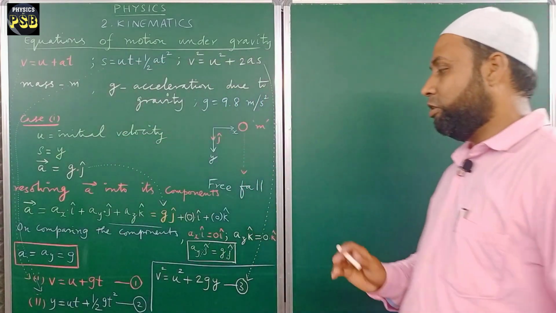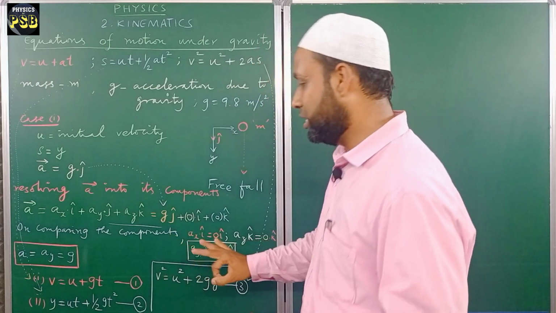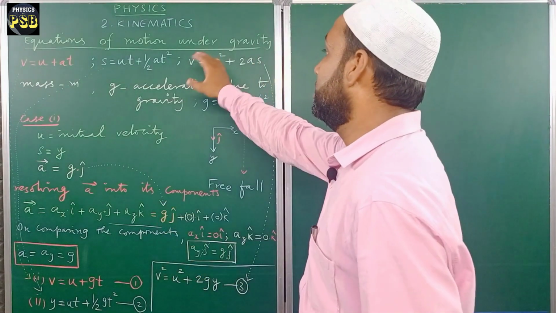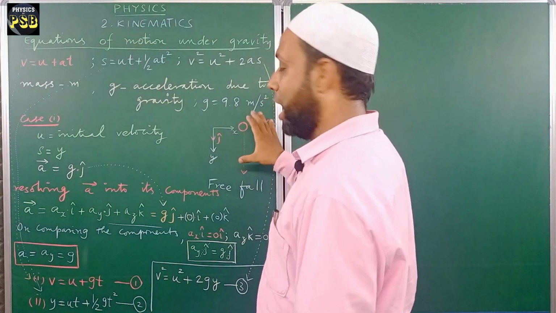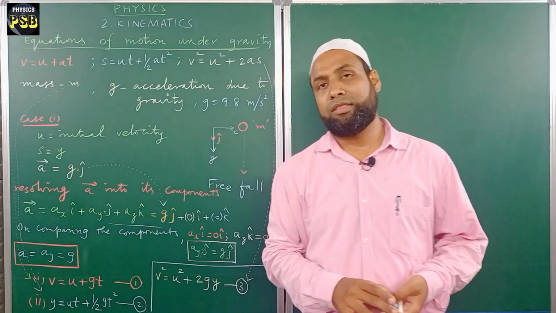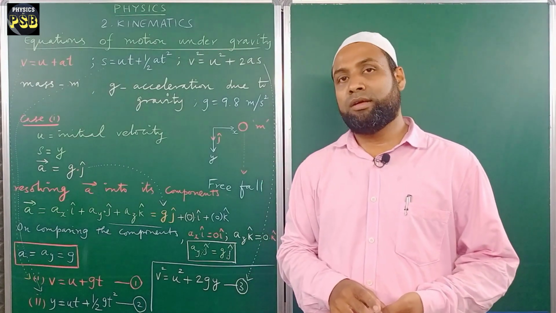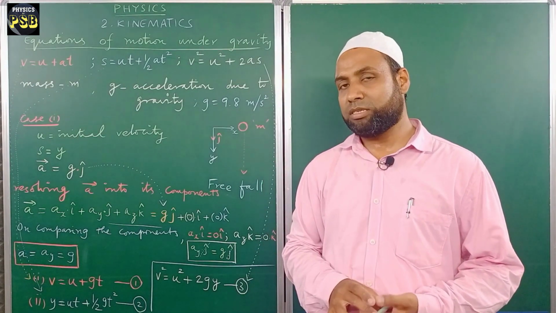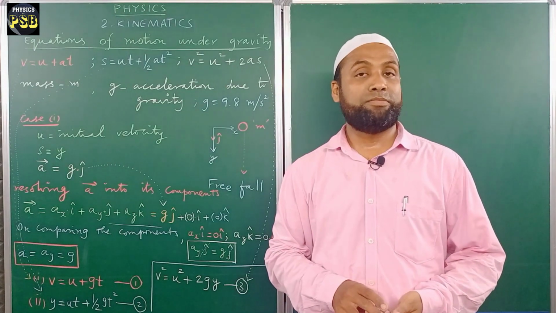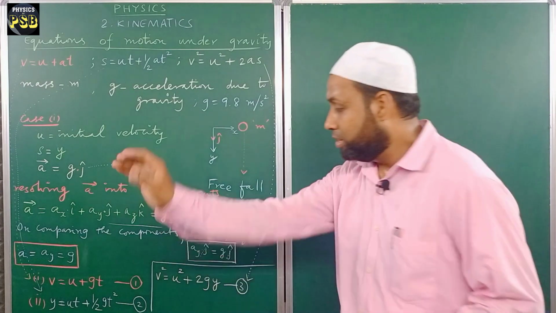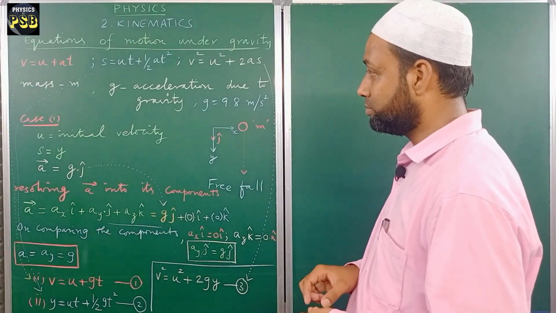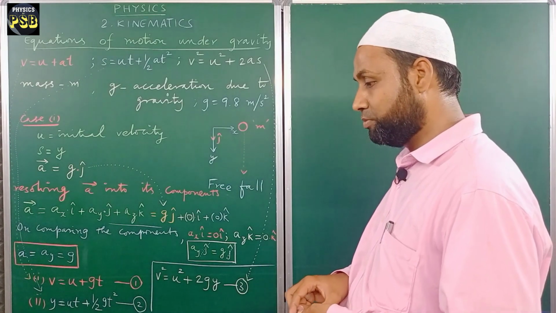So we have got 3 equations of motion which represent the motion of an object towards the ground. Here when I say that the object is under motion, it means that the object is kept very close to the ground. Okay. The next, this is the case 1. The case 2.